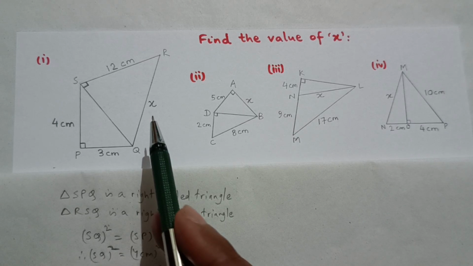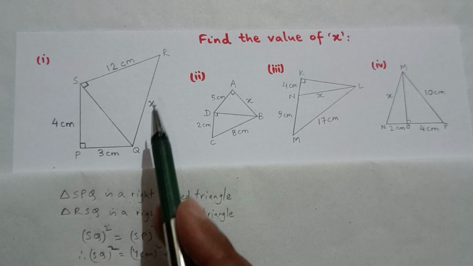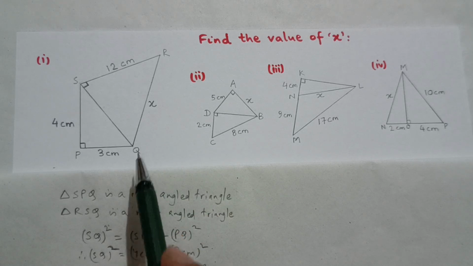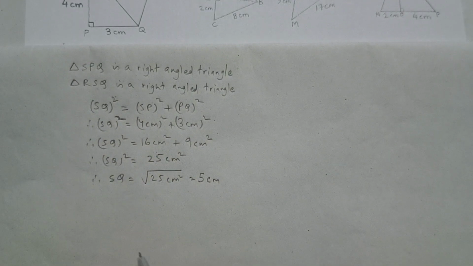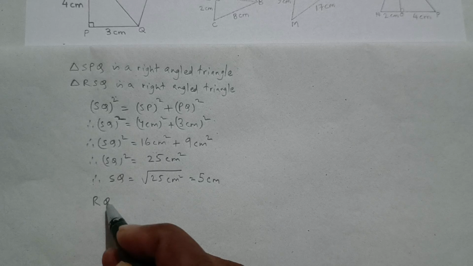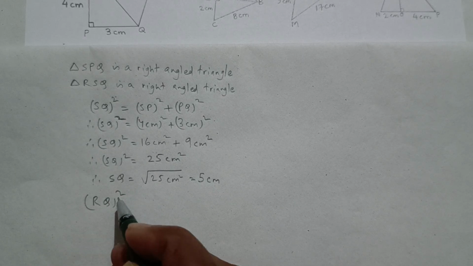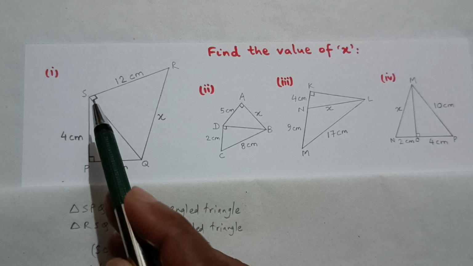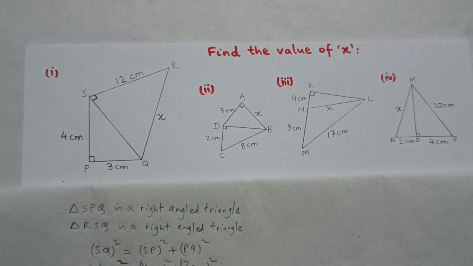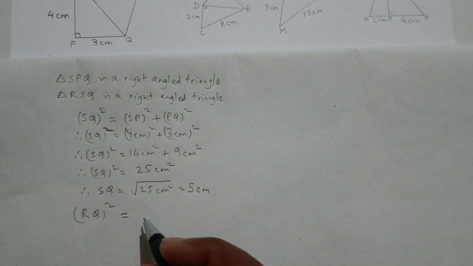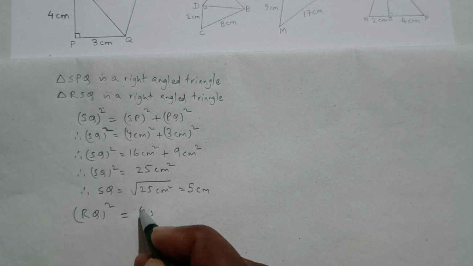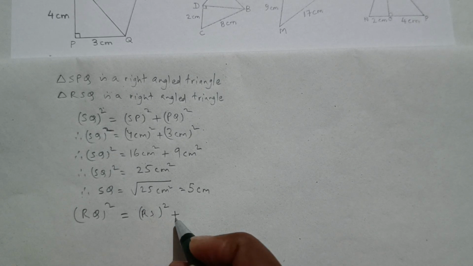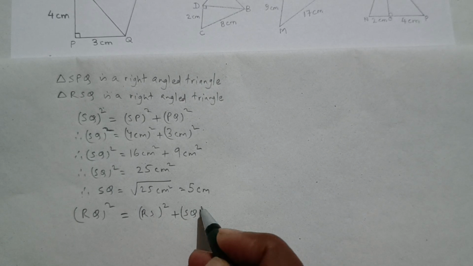The hypotenuse is side RQ. So RQ whole square, hypotenuse square, is equal to RS whole square plus SQ whole square.